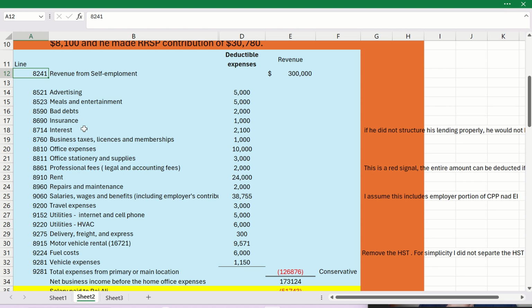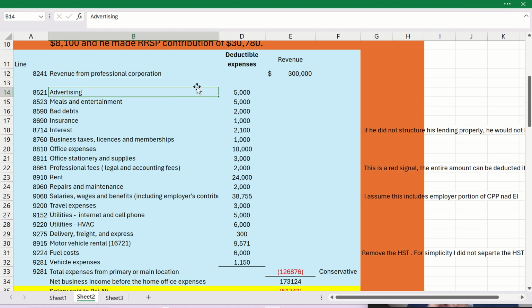You could add lines as well, given the situation and scenarios. So this is the revenue from the professional corporation.